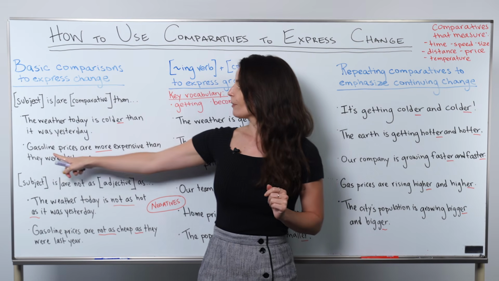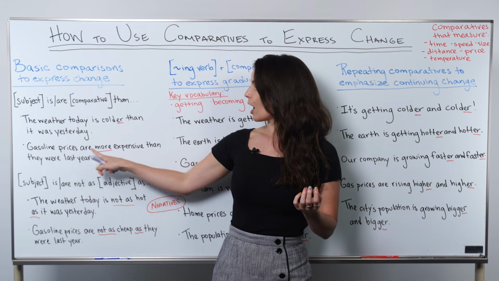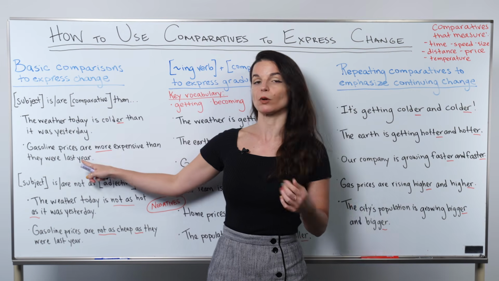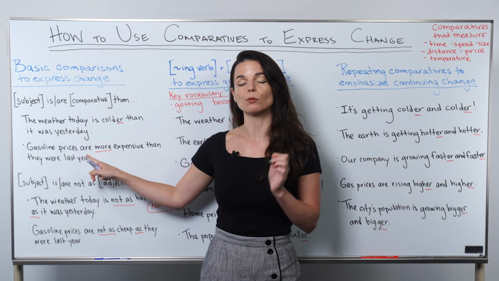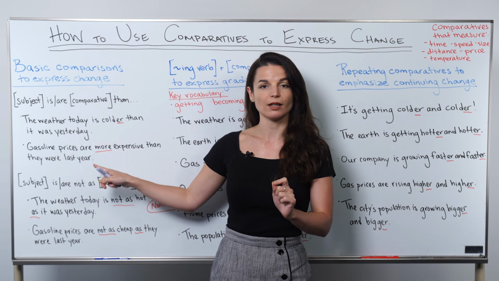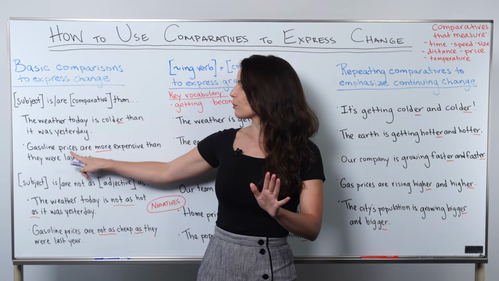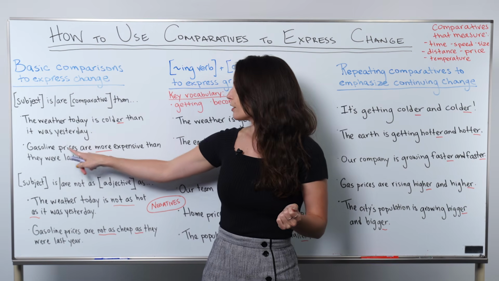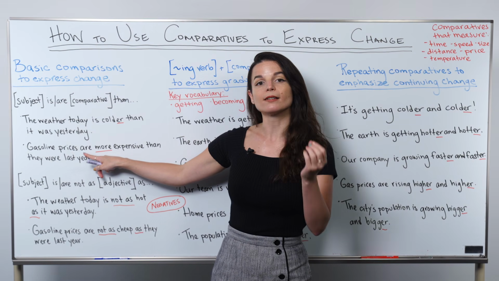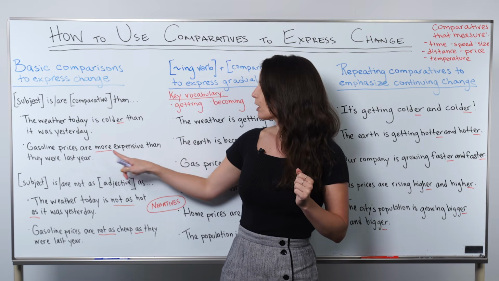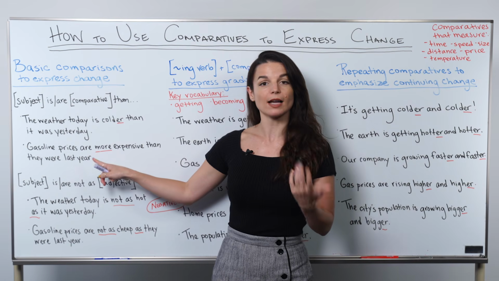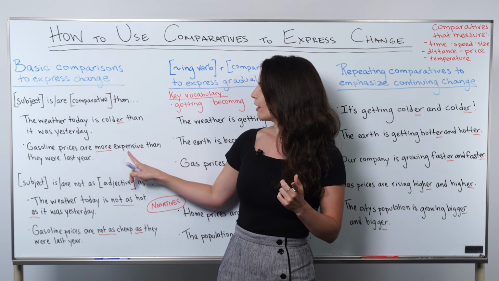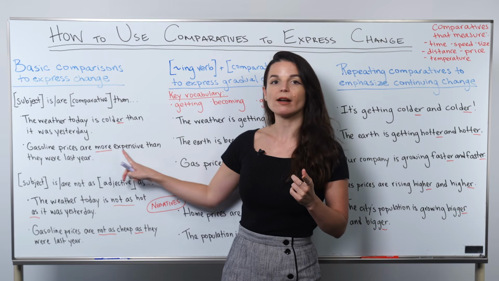One more example. Gasoline prices are more expensive than they were last year. In this sentence, we have a plural subject. Gasoline prices, that's a plural noun. So we use are. In this sentence, we have the comparative more expensive.